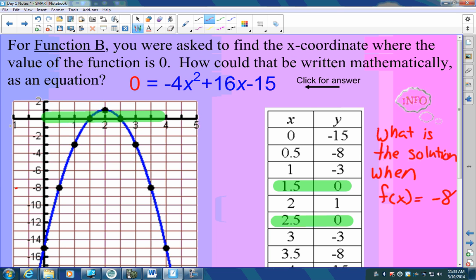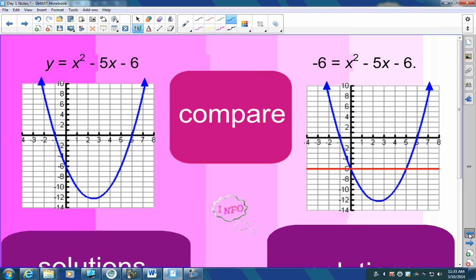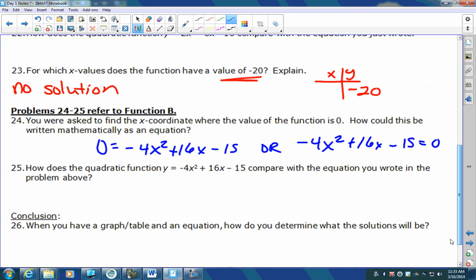You would go to where y is negative 8. You could look at the graph here and you would see your answer here and here. Or you would look on your table where y was negative 8. Your answer would be your x numbers. X equals 0.5. X equals 3.5. There's always 2 answers if it crosses twice. It could be just 1.